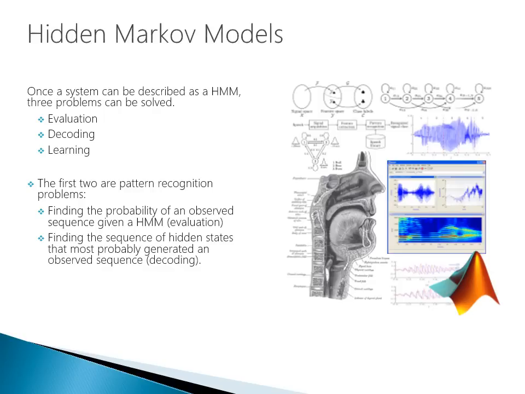The second one is finding the sequence of hidden states that most probably generated an observed sequence, so a decoding type of problem. The third problem is generating a hidden Markov model given a sequence of observations, and a learning type of problem. And we'll talk about all 3 of these a little more.